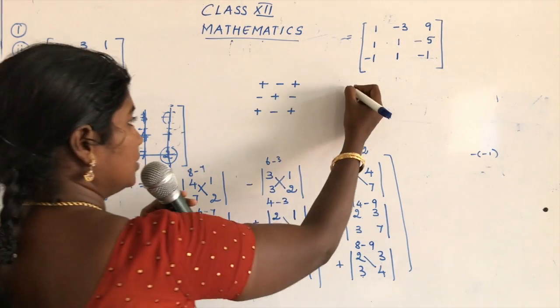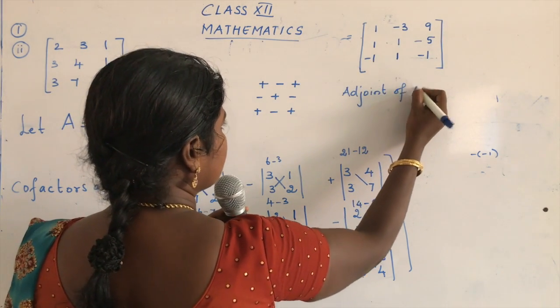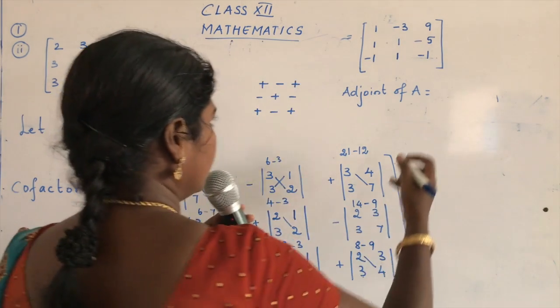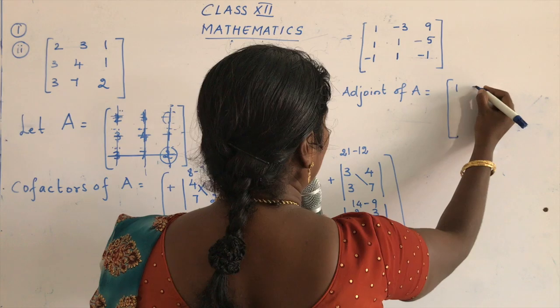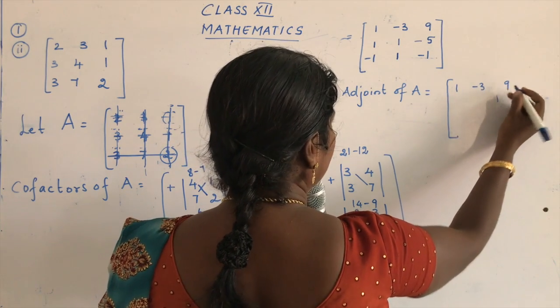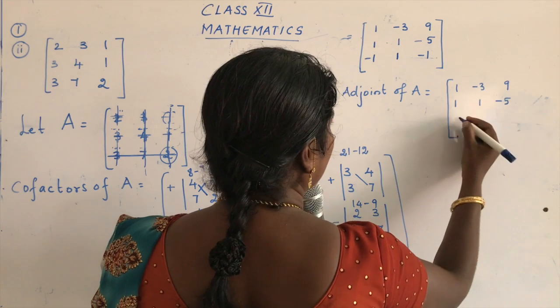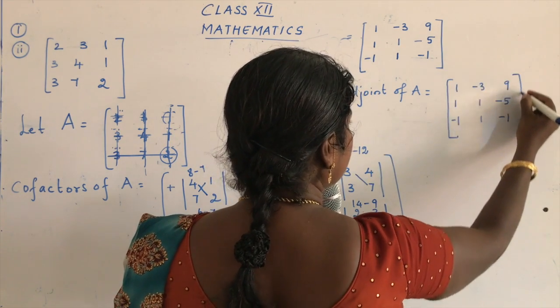So how to find the adjoint? Adjoint of A is nothing but the transpose of the cofactor. So you just write the cofactor as it is. That's 1, minus 3, 9, 1, 1, minus 5, minus 1, 1, minus 1, the transpose.